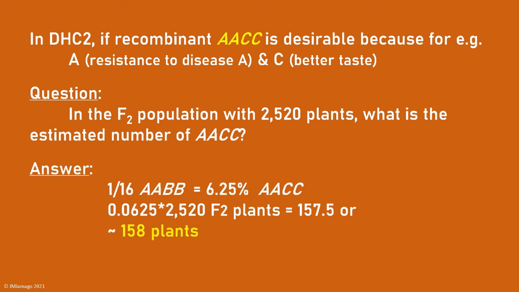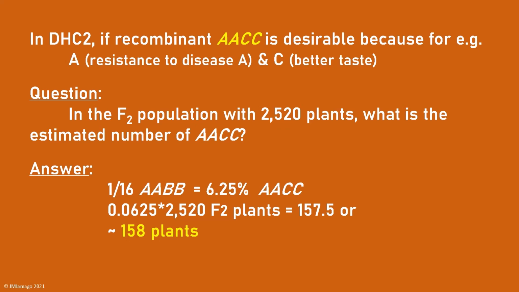So, unsaon man na siya. So, in the genotypic ratio, kabaluta nga ang ratio sa homozygous dominant A and C would be 1/16, and that is technically 6.25%. Now, we can actually use that value to multiply with the total number of plants. So, we have 0.0625 times 2,520 F2 plants, and we can estimate that there would be around 158 plants.